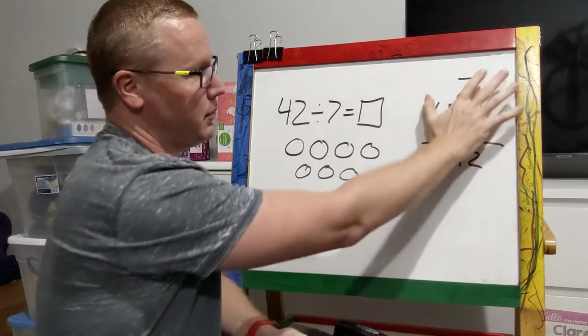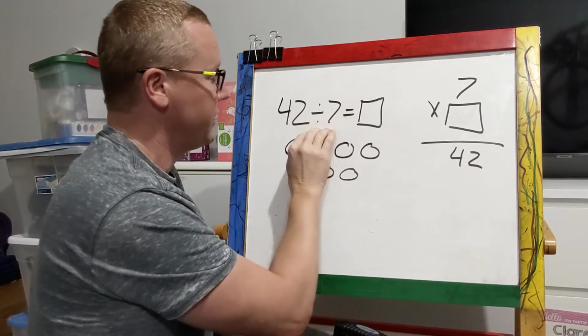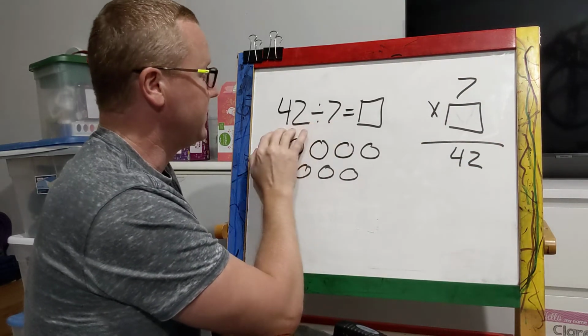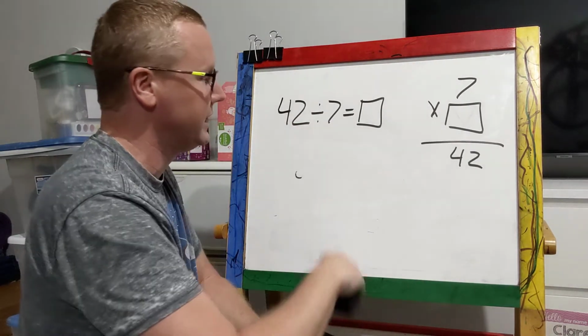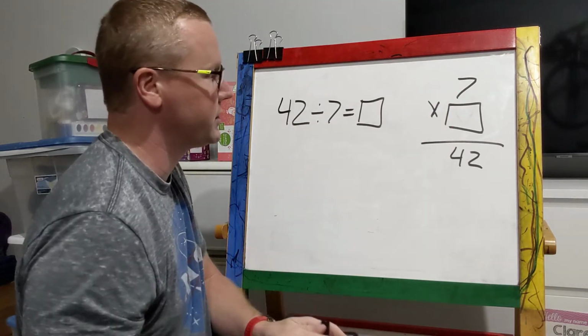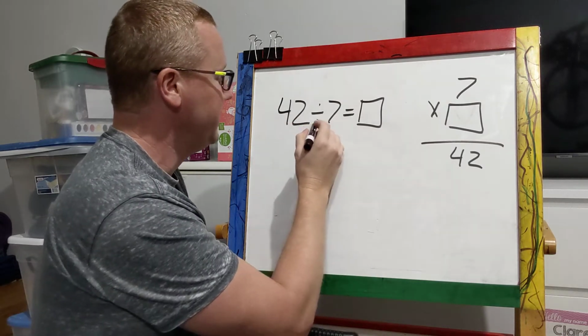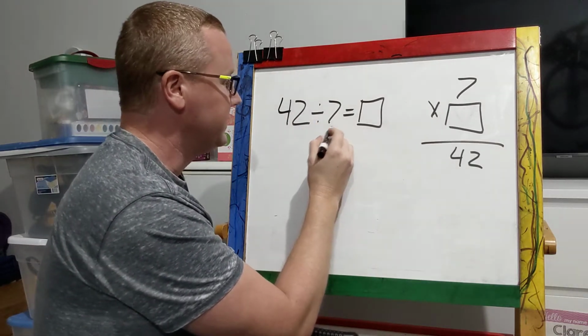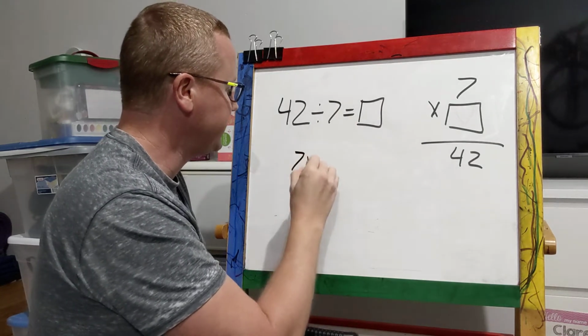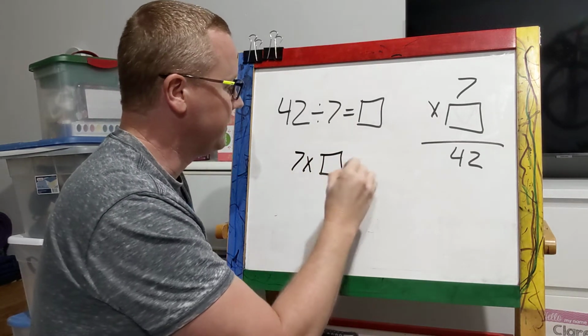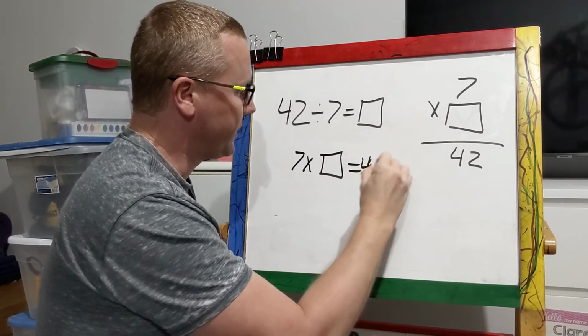So if you see a problem this way and you're not great at it, you can turn it into a division problem. And if you see a division problem, you can always reverse multiply it and turn it into a reverse multiplication problem. So 42 divided by 7 equals something is the same as saying 7 times something equals 42.